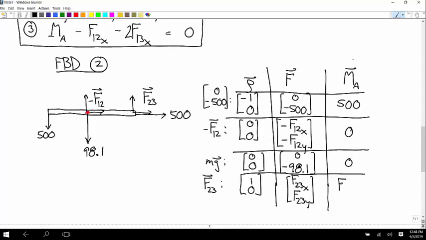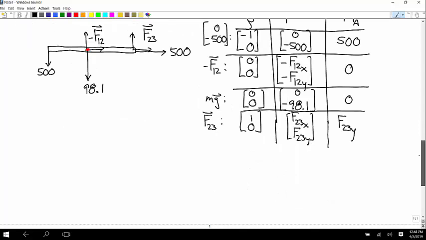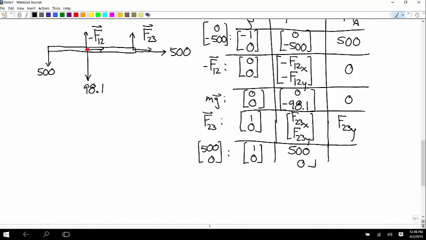Cross product is F23y. And then the last one is the horizontal force. The row vector is 1, 0. The force is 500, 0. And there's no cross product.